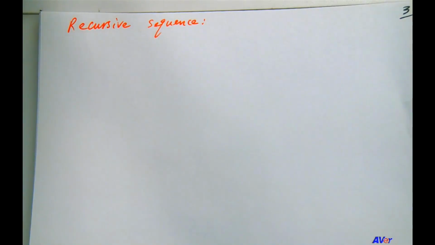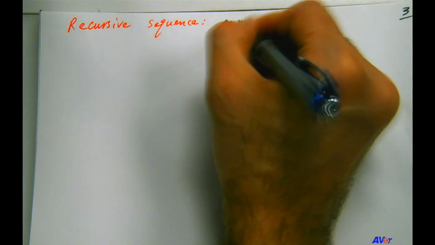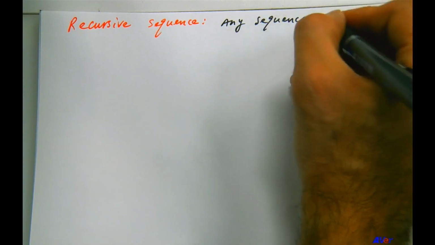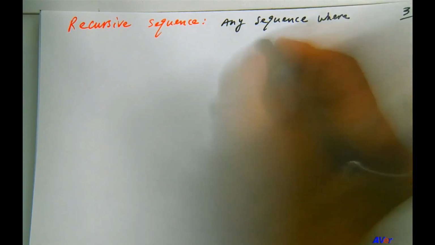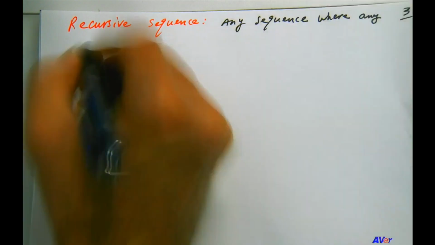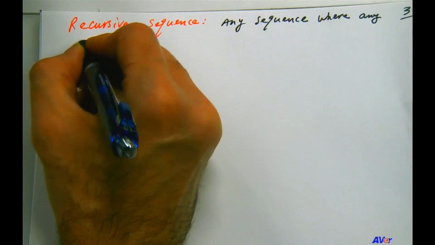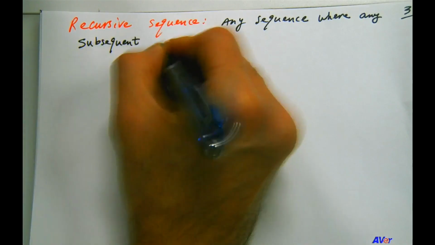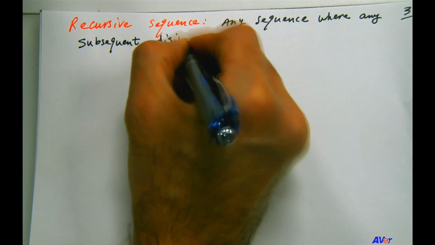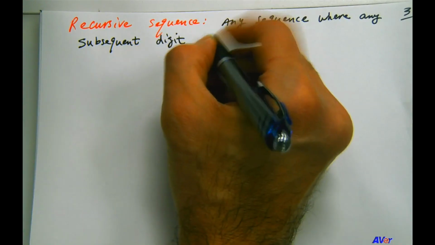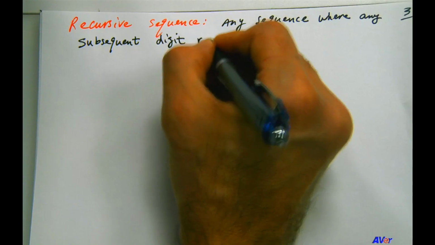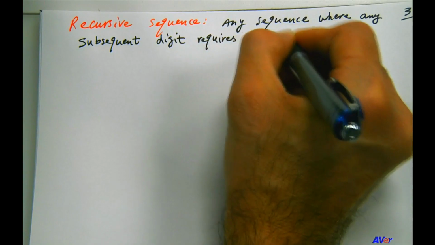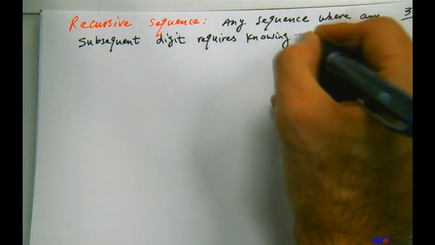A recursive sequence is any sequence where any subsequent term requires knowing what the previous term is.